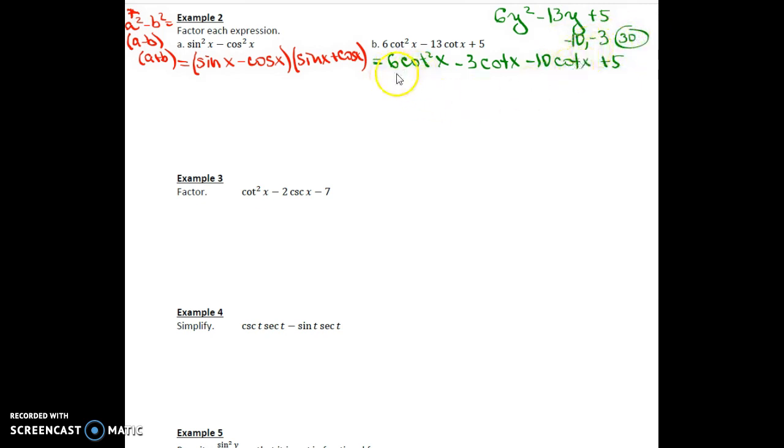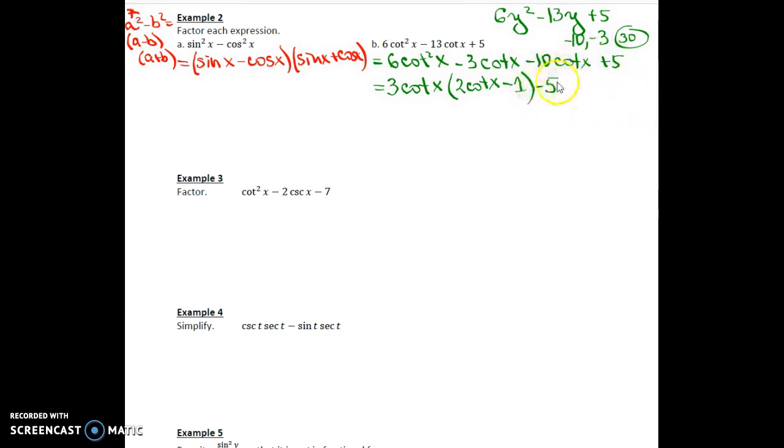So out of the first two, 6 cotangent squared of x minus 3 cotangent of x, we can factor 3 cotangent of x. In the parentheses, we're left with 2 times cotangent of x minus 1. From the next pair, we can factor out minus 5.